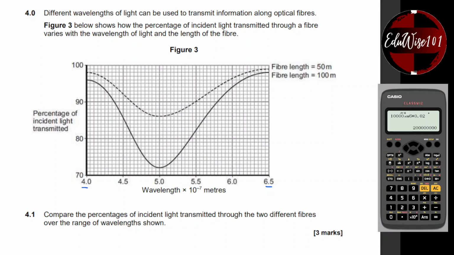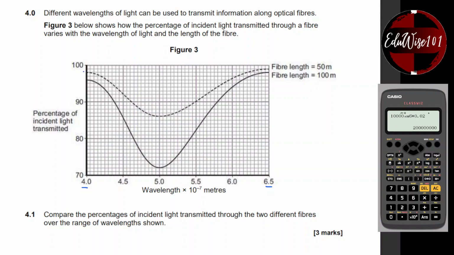That's the wavelength. Now what is actually happening over the range? For both, it goes down and then it increases. For both of them, it goes down at 5 times 10 to the power minus 7 meters. The reduction in the incident light transmitted on the 100-meter cable is much bigger than the 50-meter cable.